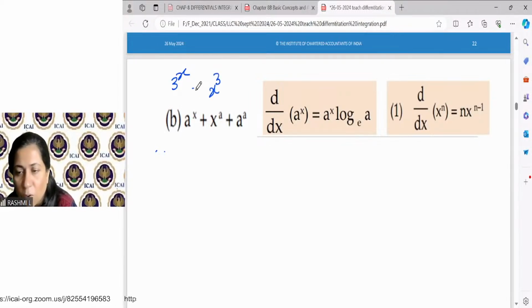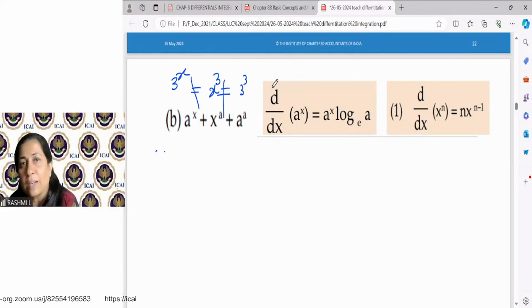This is not equal to this. 3 raised to x and x raised to 3 are different. And a raised to a means 3 cube, suppose. So as you can see, they are not equal. They are individually different, and we have to always remember that we have to apply a different formula.